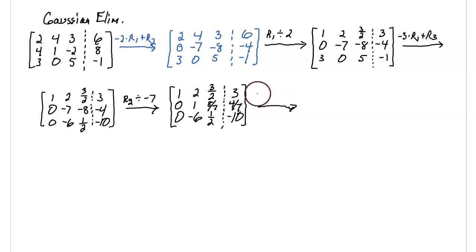Next row operation. I will take 6 times row 2 and add to row 3.